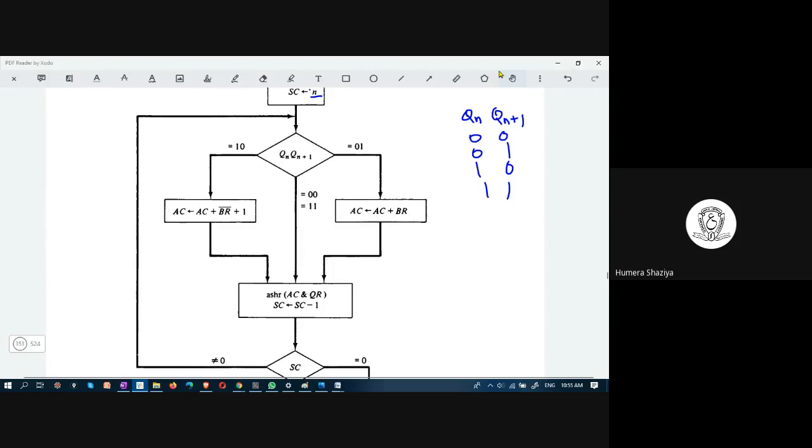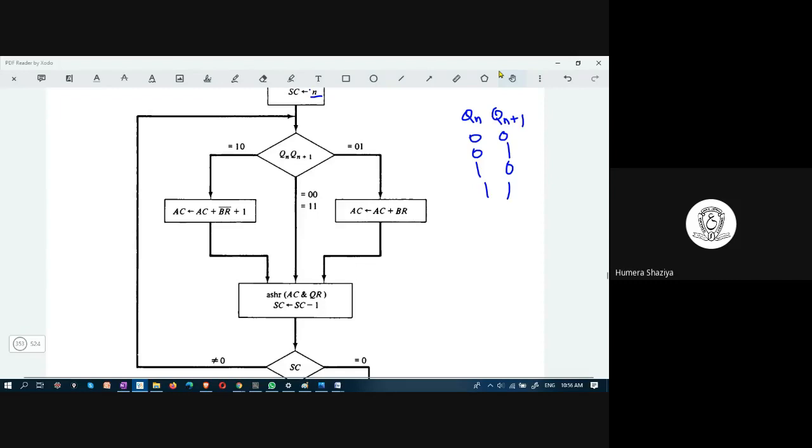If it is 0, 1, QN is 0 and QN plus 1 is 1, addition, AC equal to AC plus BR. If QN is 1 and QN plus 1 is 0, 0 has gone out and 1 has come in, it is subtraction. AC plus BR bar plus 1. BR bar plus 1 means what? This is 2's complement of BR, means 2's complement of the multiplicand.